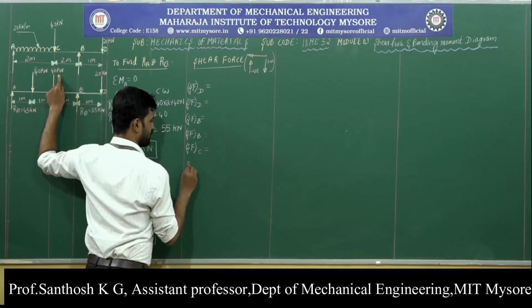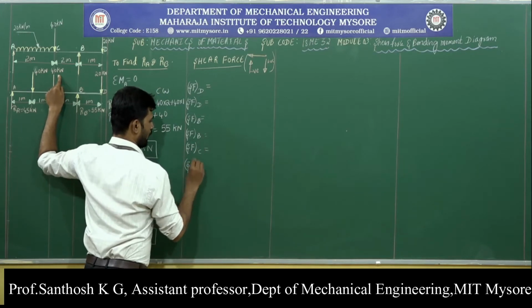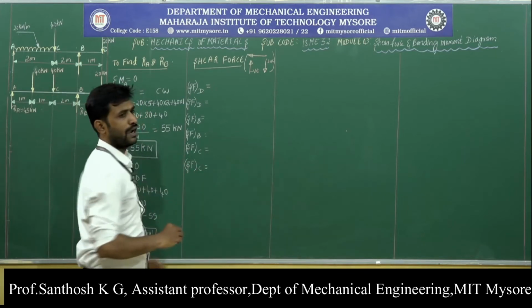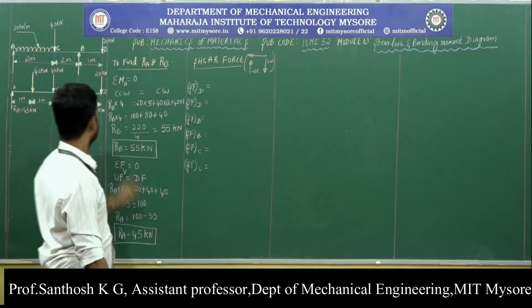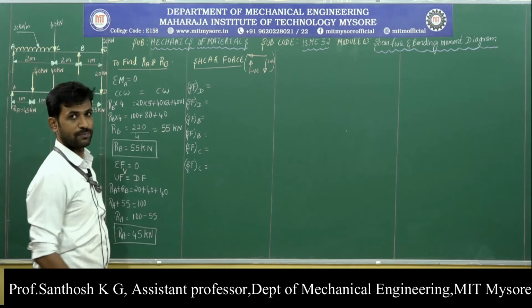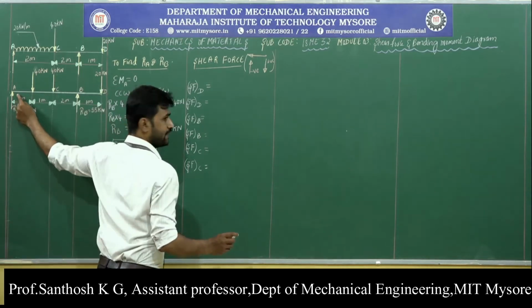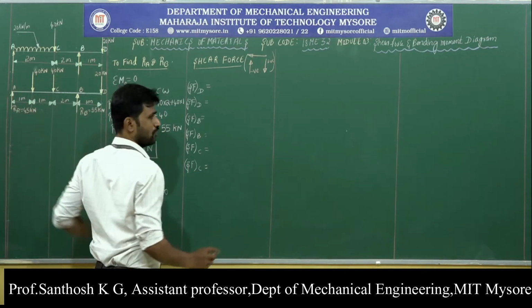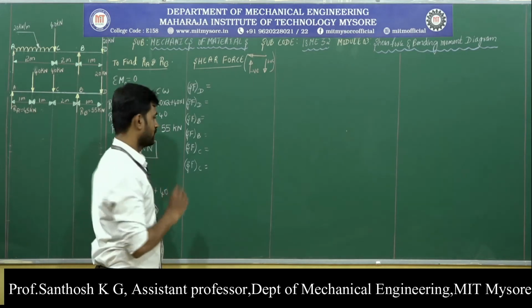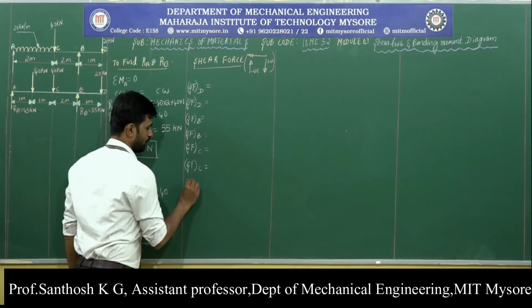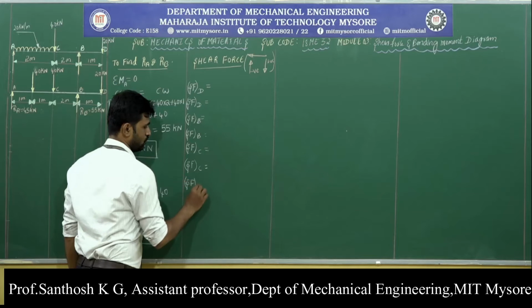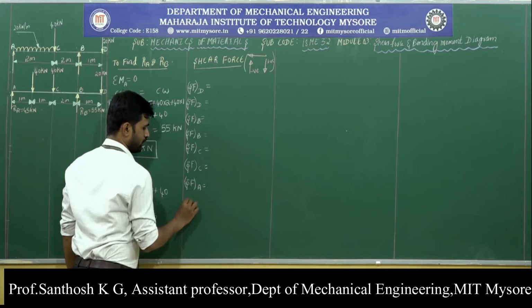As a result, we find two values of shear force at point C. Now the next point is A. At A, we have a point load of magnitude 45 kilonewton. Therefore, I need to find two values of shear force at point A.